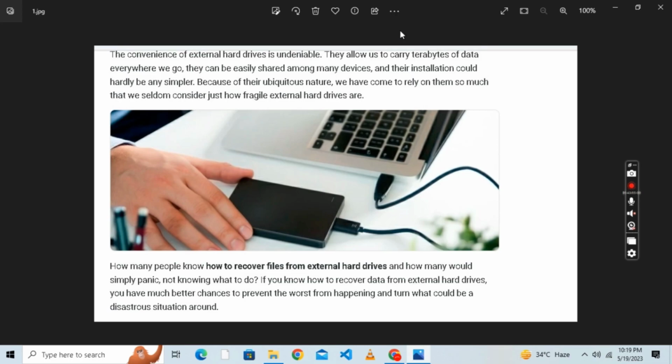If you know how to recover data from external hard drives, you have much better chances to prevent the worst from happening in what could be disastrous situations.